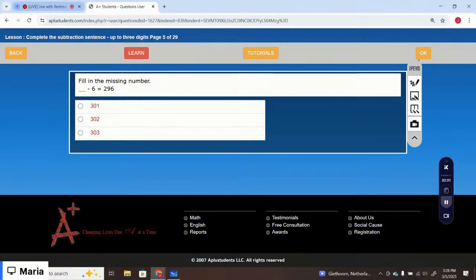Fill in the missing number. The missing number take away 6 equals 296.